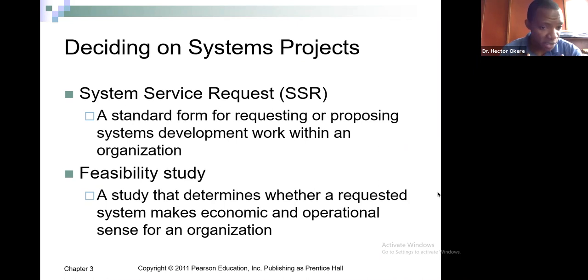Can we do this project? Do we have enough money to do this project? Do we have enough resources? Do we have enough expertise? Should we do this project ourselves? Do we have a good reason to do this project? Maybe the project is very good actually, but your company makes only, let's say, 100,000 yuan every month.